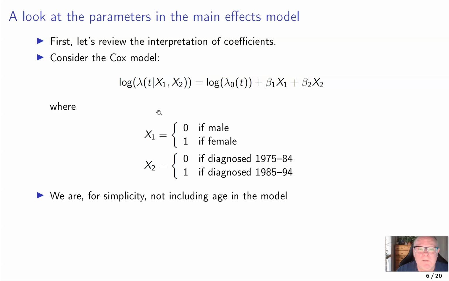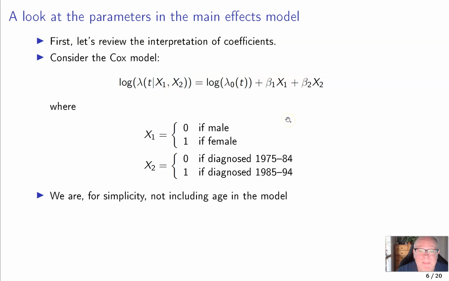When we fit the model, for each of the patterns of explanatory variables, and there are 4 patterns, 2 by 2, the model will give us a predicted value of the outcome, which is the logarithm of the hazard as a function of time for those explanatory variables.